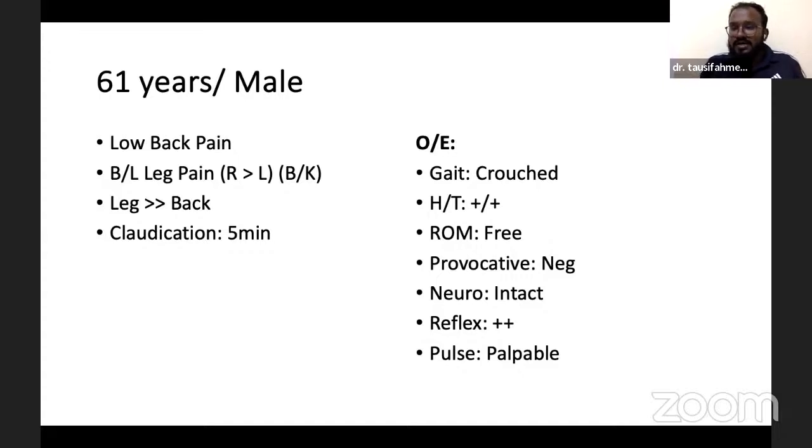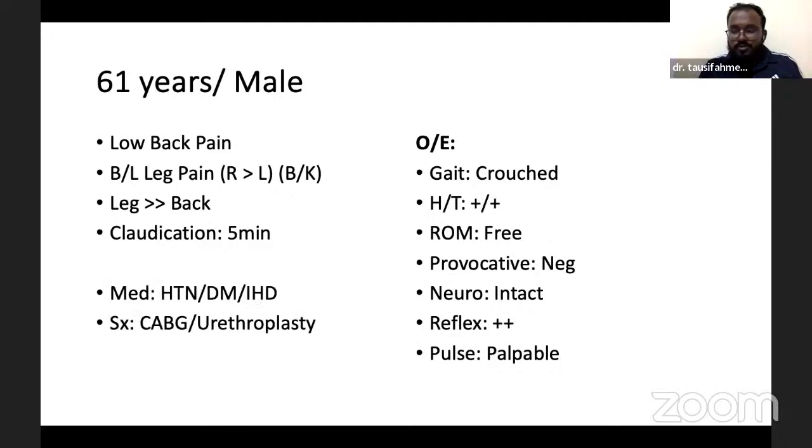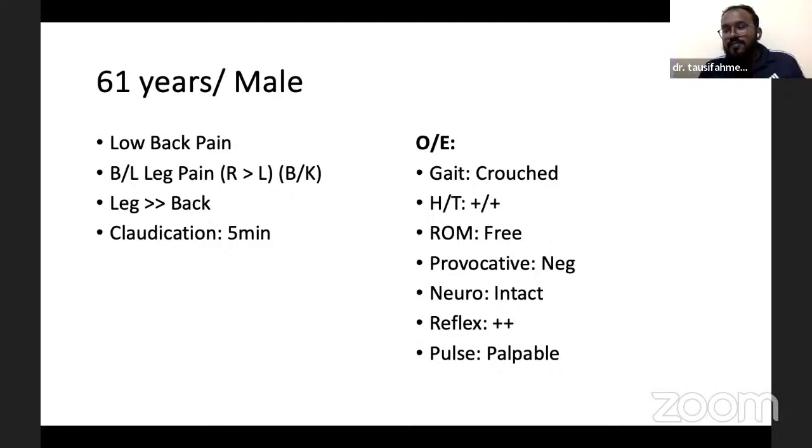So, from this discussion, Nitin, am I missing something in the history or in the examination part? Sir, I'm just thinking, sir. If you cannot, then Virendra can take over.